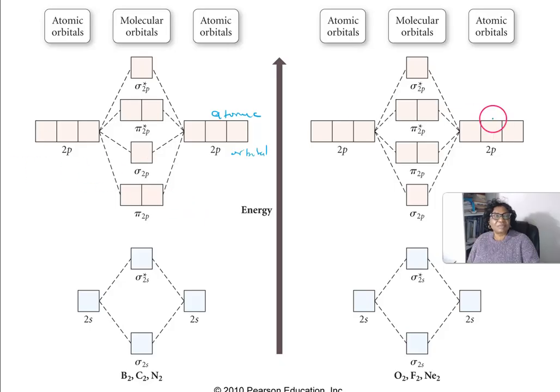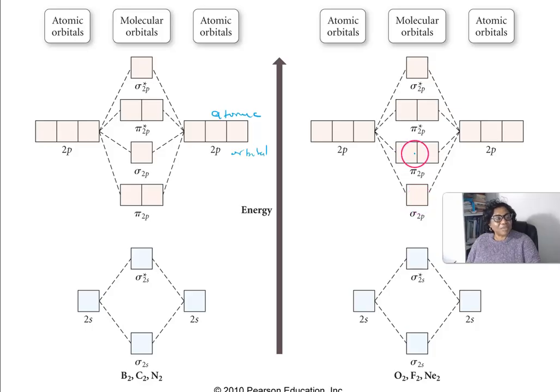On this side, but let's look at oxygen, fluorine, and neon. It's different. Here for the S, of course, they fill the sigma S molecular orbital first. Then they fill the anti-bonding sigma molecular orbital. Then they fill the sigma bonding orbital.